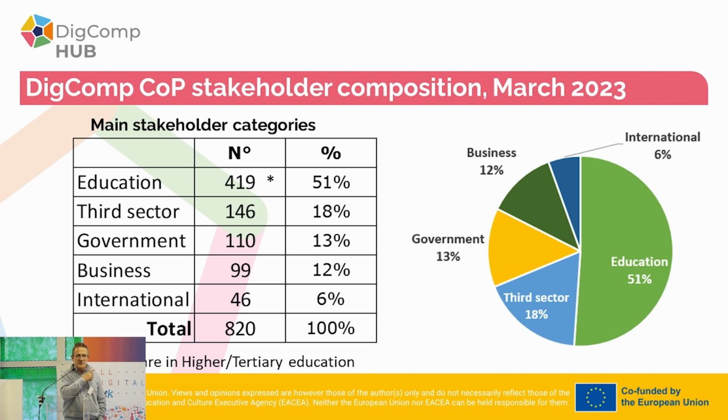Many of the people who register from university have this concern, this interest. And then, more or less equally, you see third sector, government and business. And then we have some international organizations starting from the European Commission, but also UNESCO, World Bank, and others.